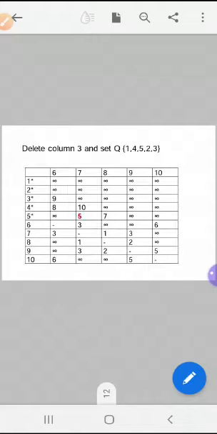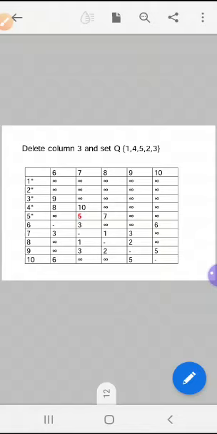Then again, for the next iteration, look at the values in the rows marked with stars. Here it is 1, 2, 4, 5. So find the smallest number. Here 5 is the smallest and that corresponds to the third column. So in the next step, delete column 3 and mark row 3 using a star.